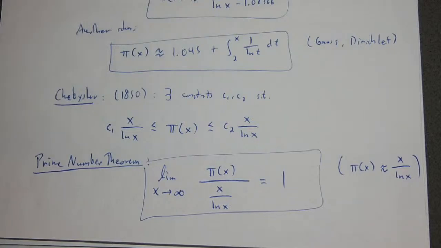So a couple of notes. The first proof of the prime number theorem involved complex analysis. And when math was still getting its fundamental footing, there were questions about what was allowed in a proof, or what should be allowed in a proof.